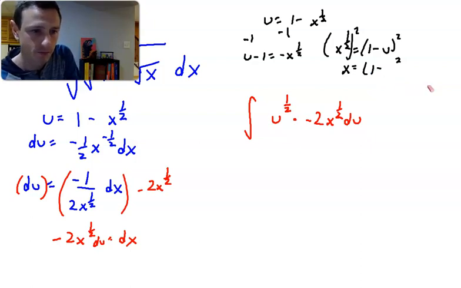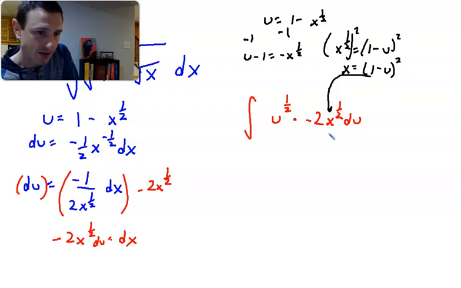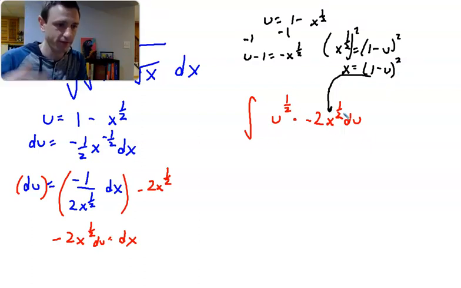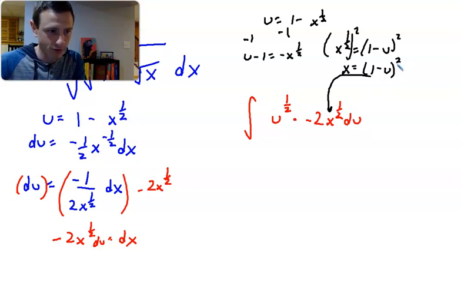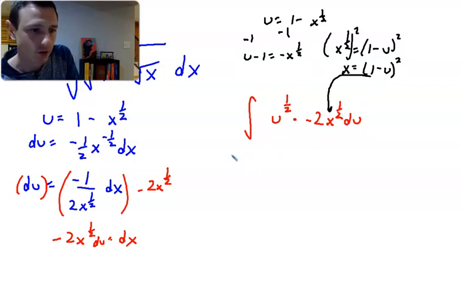I'm replacing x with 1 minus u squared. So when I substitute that in, x is being raised to the 1/2. What does a 1/2 and a square do with each other? They pretty much work together, and all I'm going to end up with is just 1 minus u. The square root of a square is that value.